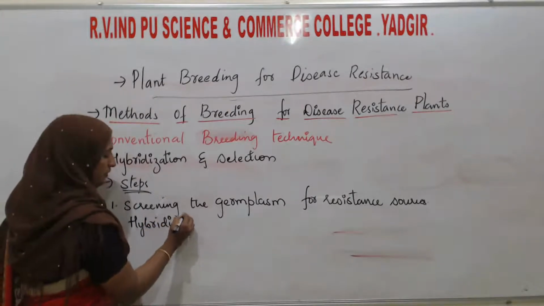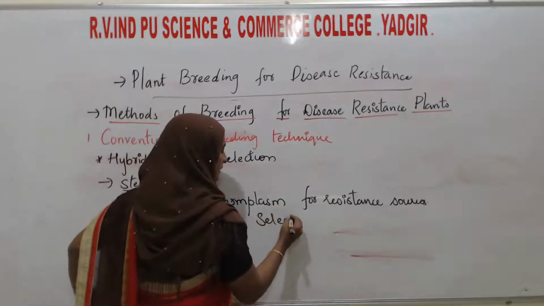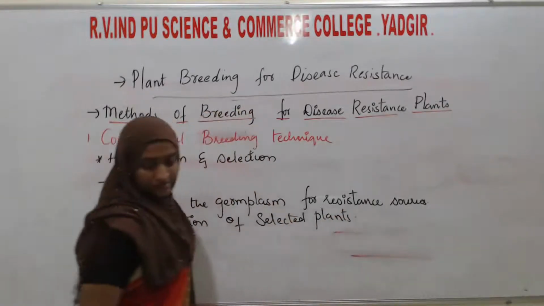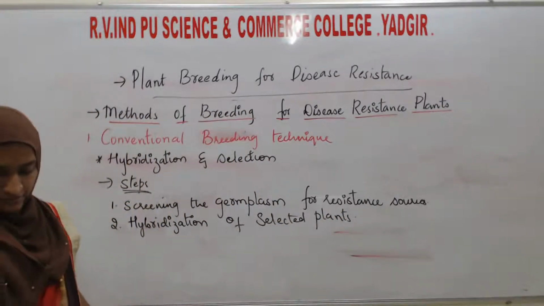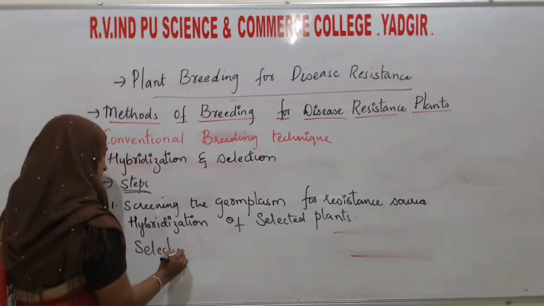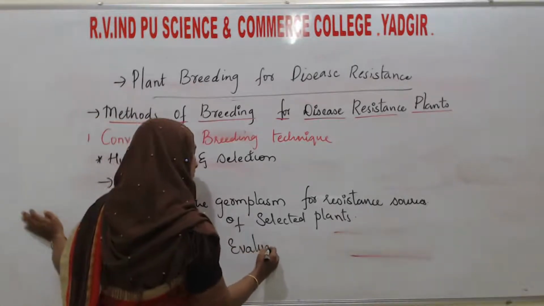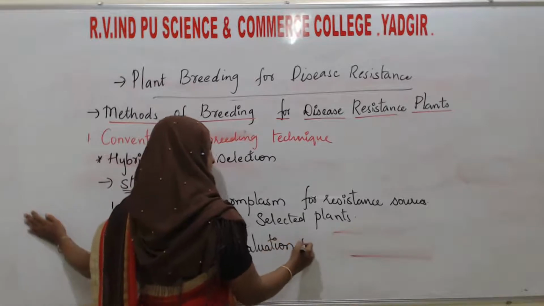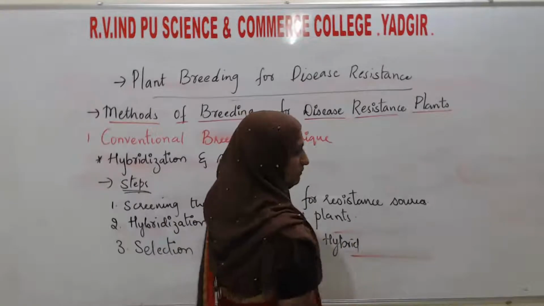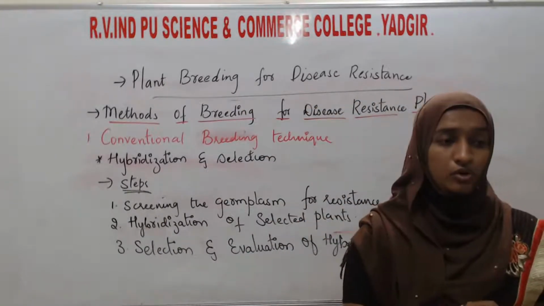Okay, this is the second step. Then the third step, selection and evaluation of hybrids. First they select the germplasm, then they make them cross.